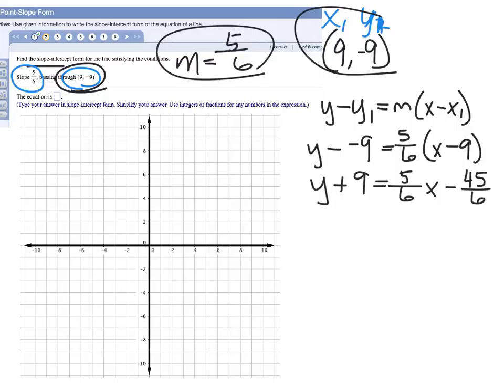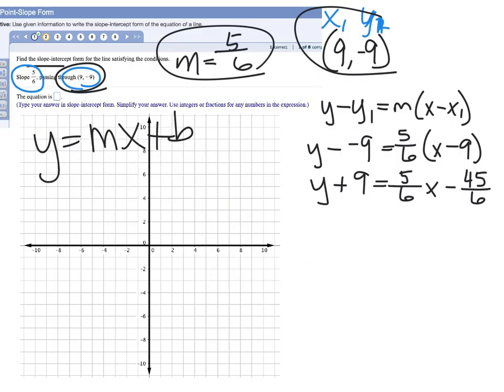All right, so now what we have to do is, remember, we're trying to get our equation to be y is equal to mx plus b. So since we want to get our equation to be y is equal to mx plus b, that means we want y to be all by itself. So we need to get rid of that adding by 9.